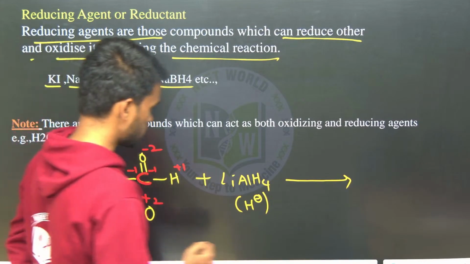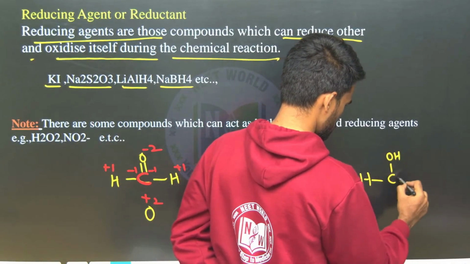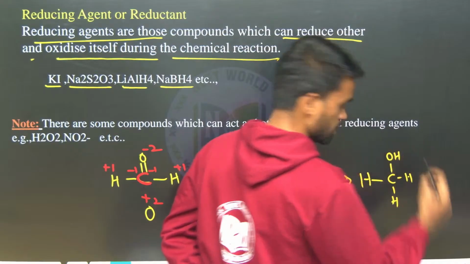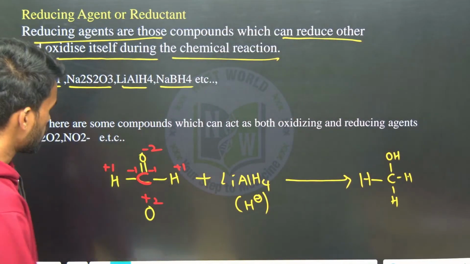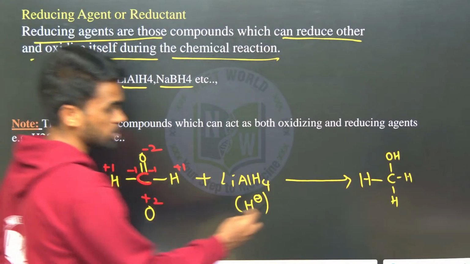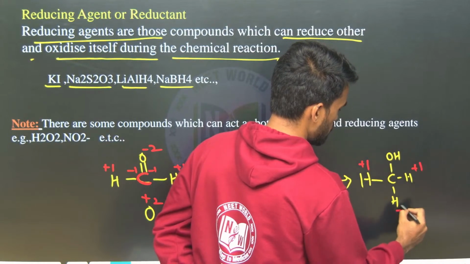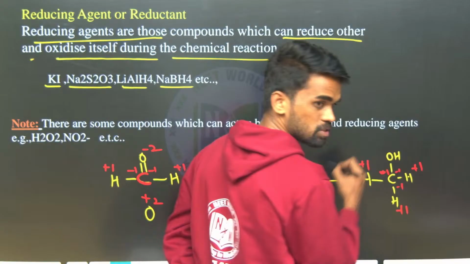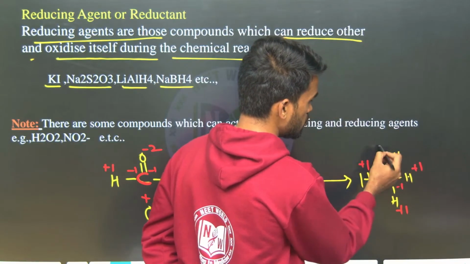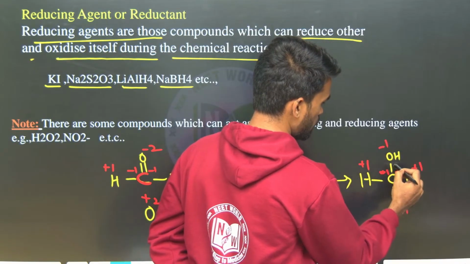Right. So this side it will become alcohol, like this. Now what is the oxidation state? Hydrogens are +1, +1, +1, and therefore carbon will be -1, -1, -1 from three sides, and from the above side, oxygen will be -1 and carbon will be +1.